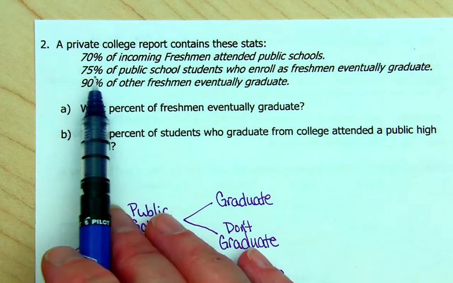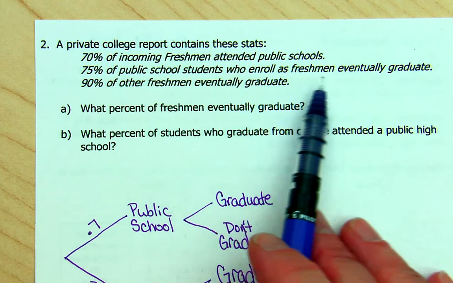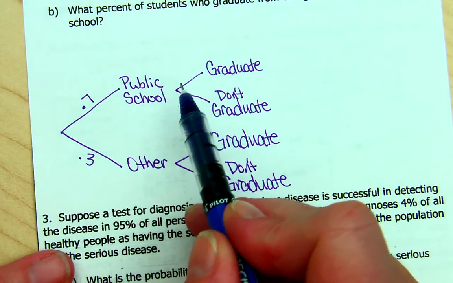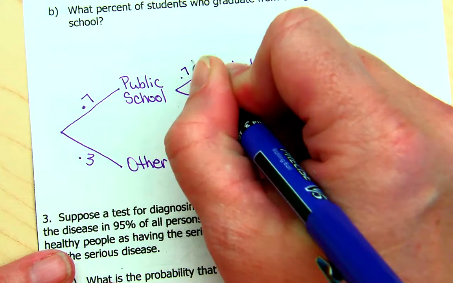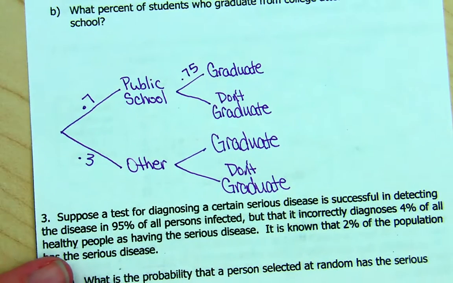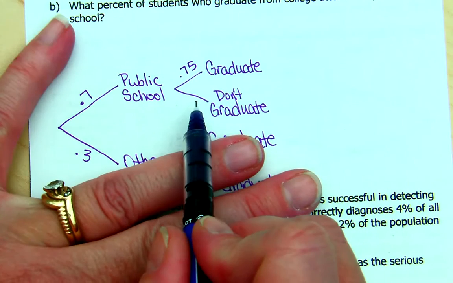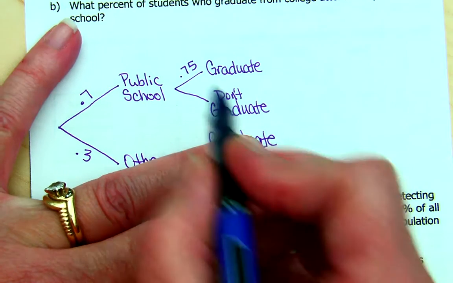Information up here says 75% of public school students who enroll as a freshman eventually graduate. So for public school, the ones that graduate, that's 75%. So what goes with the don't graduate? 25. Good.